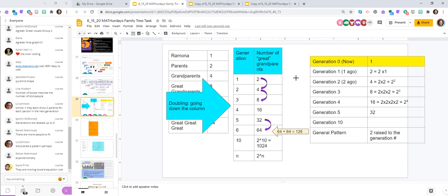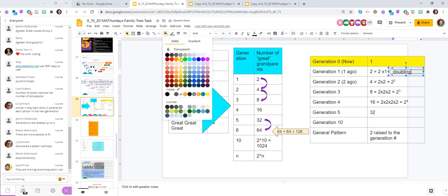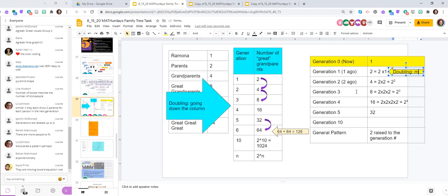We saw that there was a relationship from the doubling. And then we also started to see how if you multiply by 2 each time, it showed you the number of grandparents there were. So then we saw that it was 2 as the base raised to whatever generation it was.